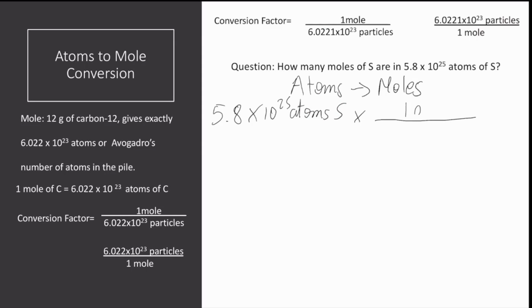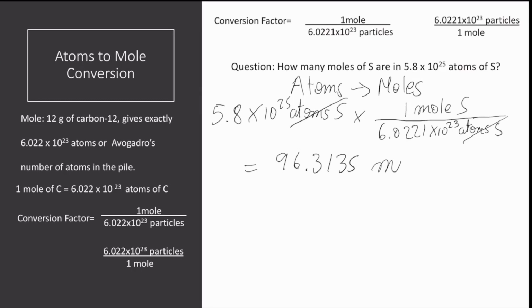So we have for every 1 mole of sulfur 6.0221 times 10 to the 23rd atoms of sulfur. So the units of atoms of sulfur cancel out and we're left with moles of sulfur on the top. Carrying out this multiplication of atoms of sulfur times 1 and divided by Avogadro's number, we get, without simplifying, 96.3135 moles of sulfur.